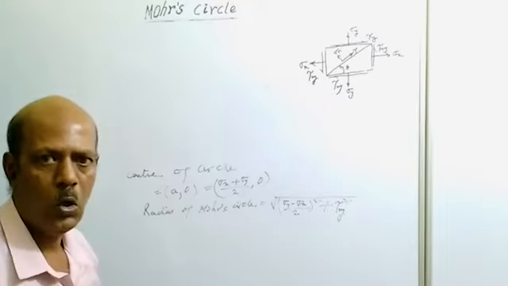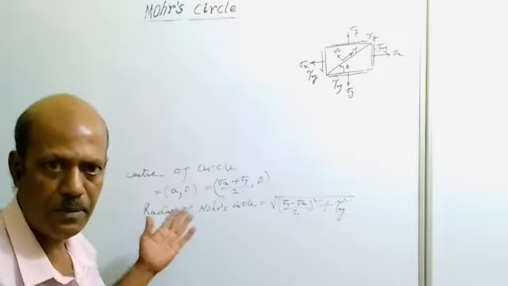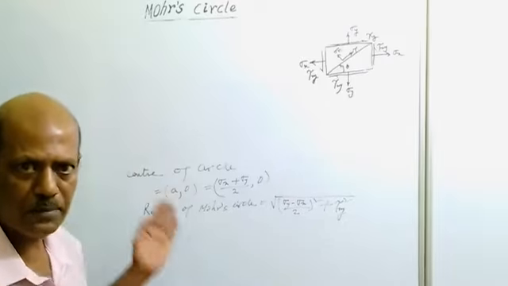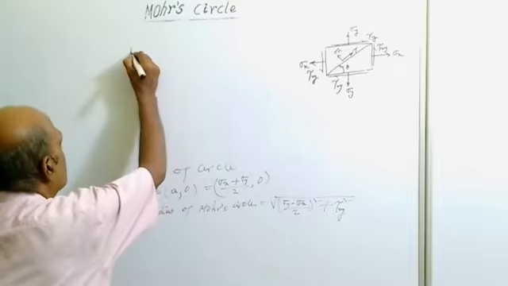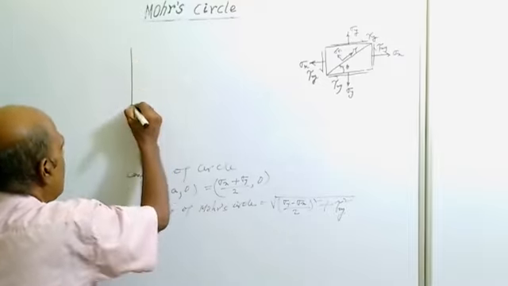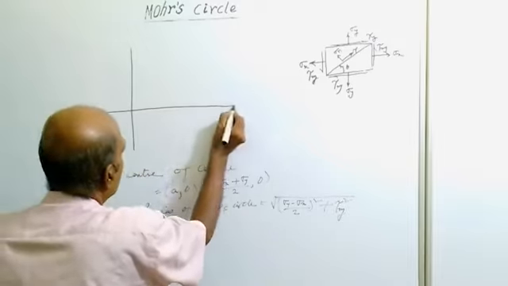So, to construct this Mohr circle, first we have to draw the axes. Step 1, draw the axes. So, this is the tau axis and this is the sigma axis.